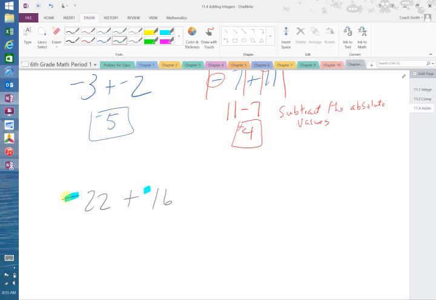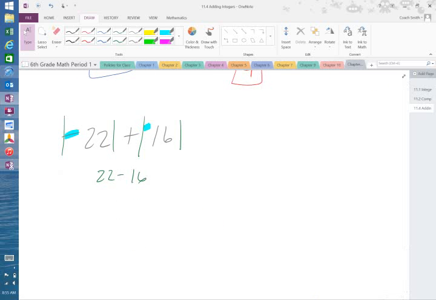So I'm going to take their absolute values and subtract them. 22 minus 16 is 6. Negative 22 has a larger absolute value, so I keep it in my answer. Okay? Any questions on that one?